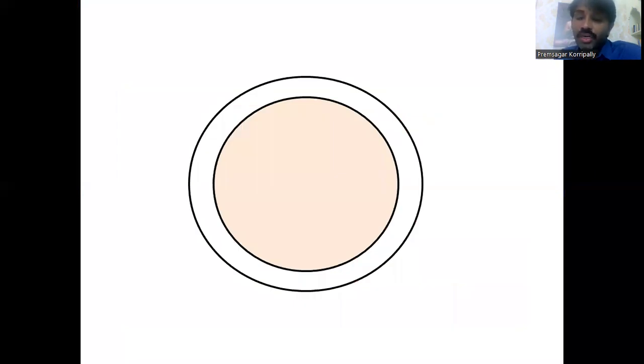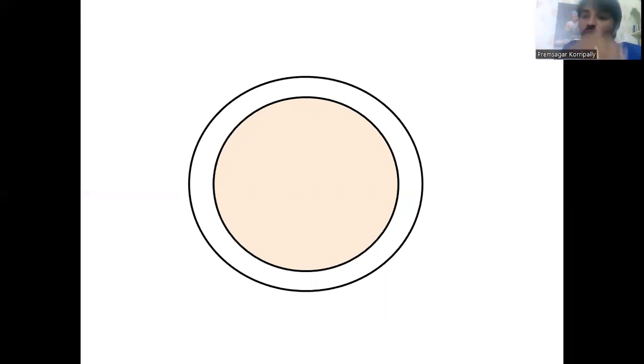As you all know, plasmids are covalently closed circular extrachromosomal double-stranded DNA molecules. Covalently closed means there is no open end, and nicks are not there.